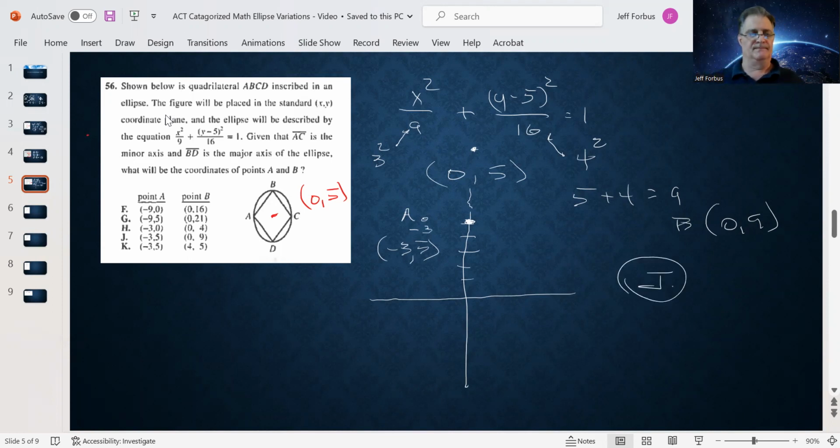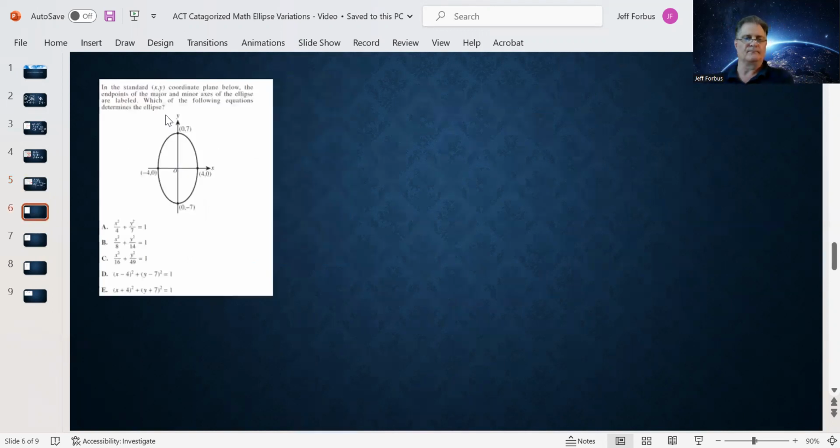Let's go to the next one. Which of the following equations determines the ellipse? Well, we know in this case, the major axis is with the y value. So that's going to be our a squared term.